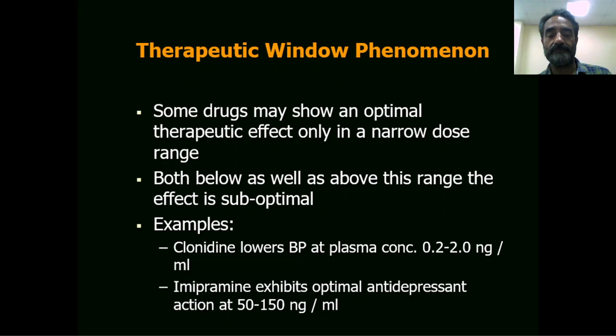That is the narrow range in which clonidine shows its optimal hypotensive effect. Both below and above that range, the optimal effect is not seen. Another example is imipramine, an antidepressant drug, which exhibits optimal antidepressant action at a range of 50 to 150 nanogram per ml.